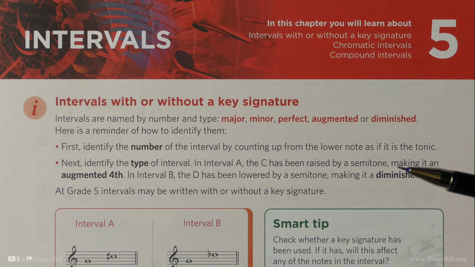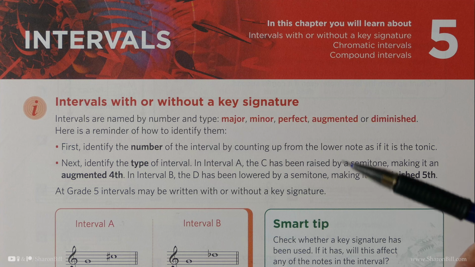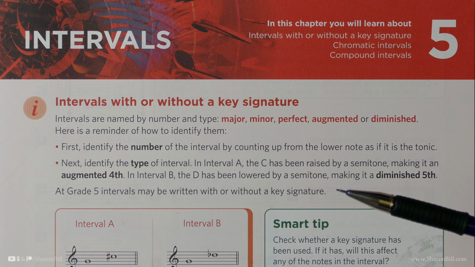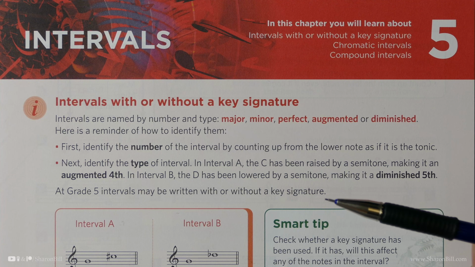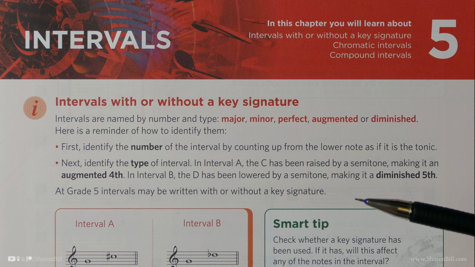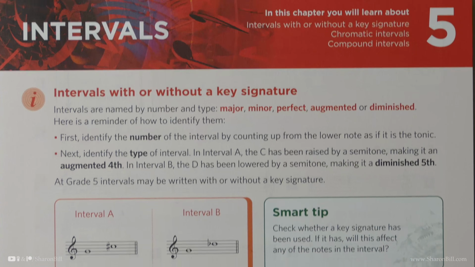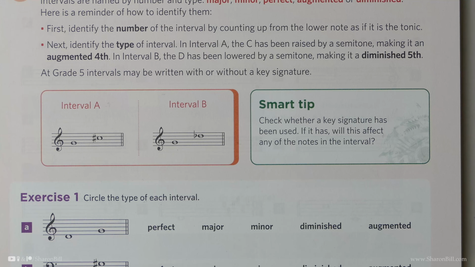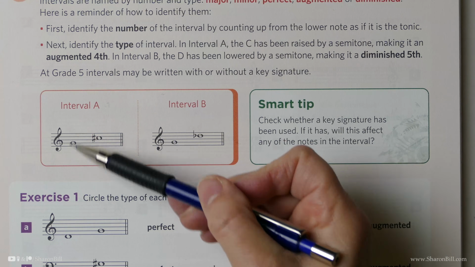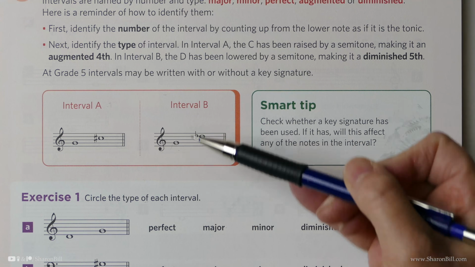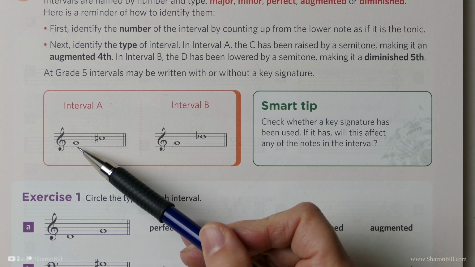There may or may not be a key signature as well. However, again, that doesn't really change anything apart from taking into consideration how that key signature may affect the notes by adding a sharp or a flat. Because we always count the lowest note as the tonic, regardless of what's gone on in the key signature or not. To work out an interval, we always think of the lowest note as the tonic.